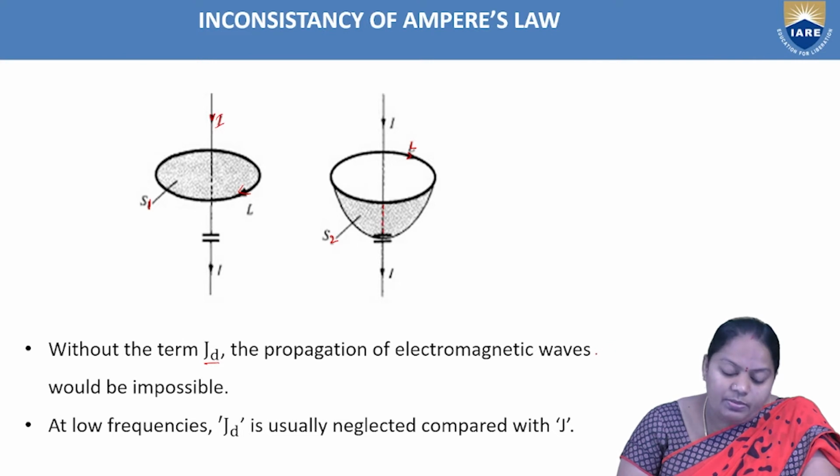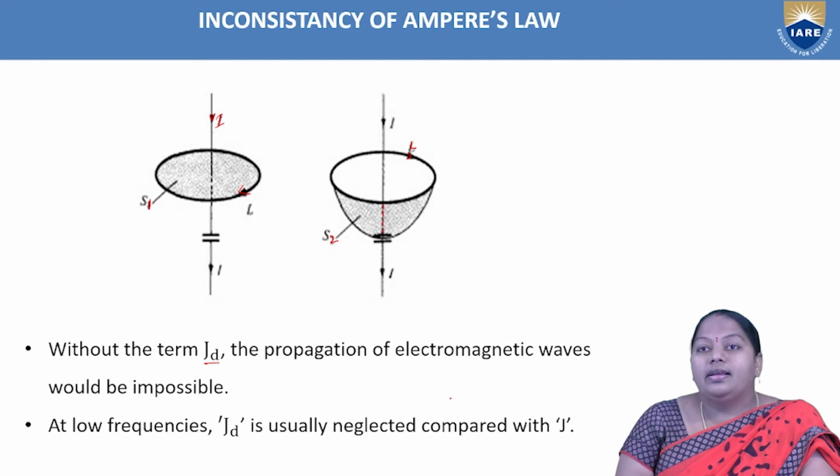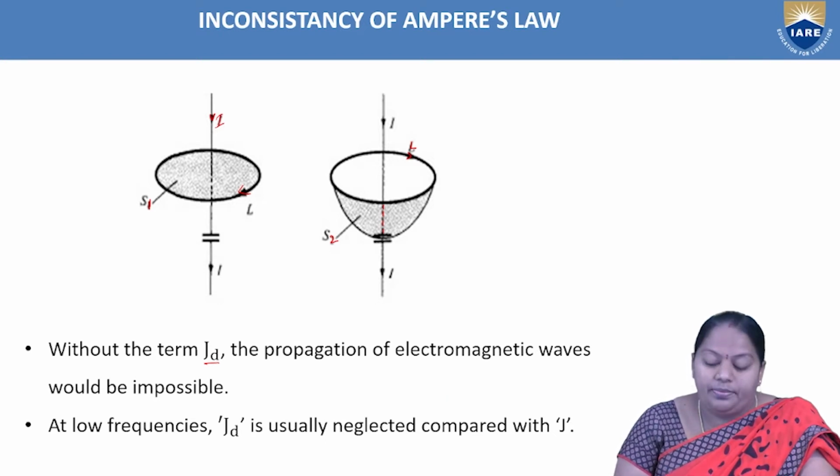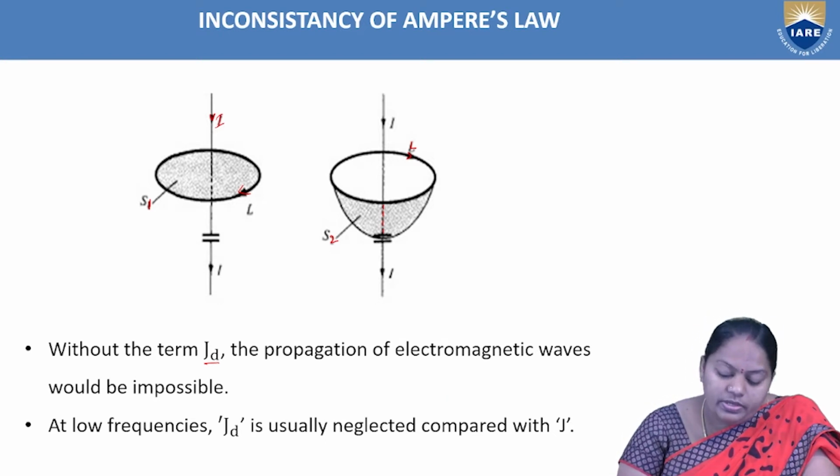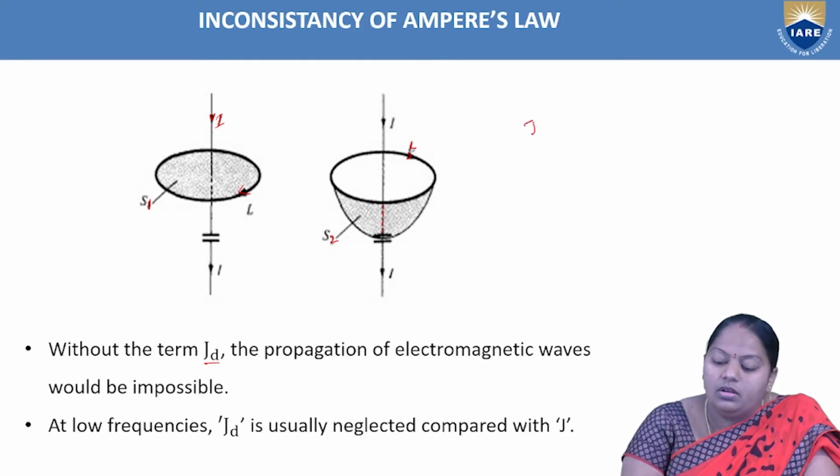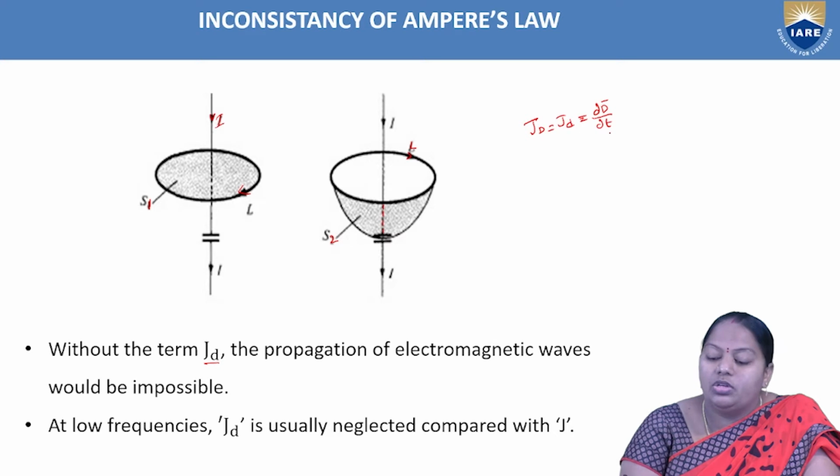Why is it impossible? Firstly, at low frequencies, JD is usually neglected compared with J. Why? Because generally we know that JD is represented in the mathematical equation as dou D bar by dou t. And if you substitute here in place of D bar, epsilon into E bar, then dou by dou t into epsilon into E bar.